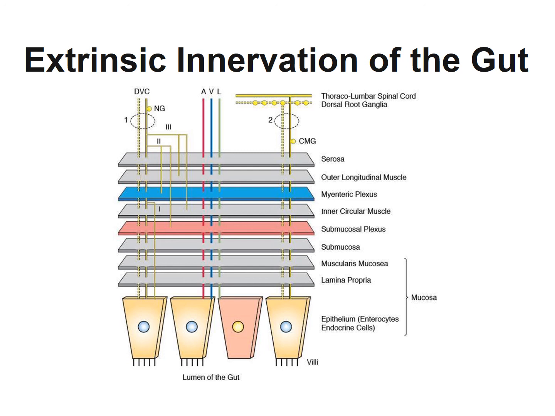Now, there are two orders of neurons for the sympathetic innervation, or for the splanchnic nerve that supplies the gut.